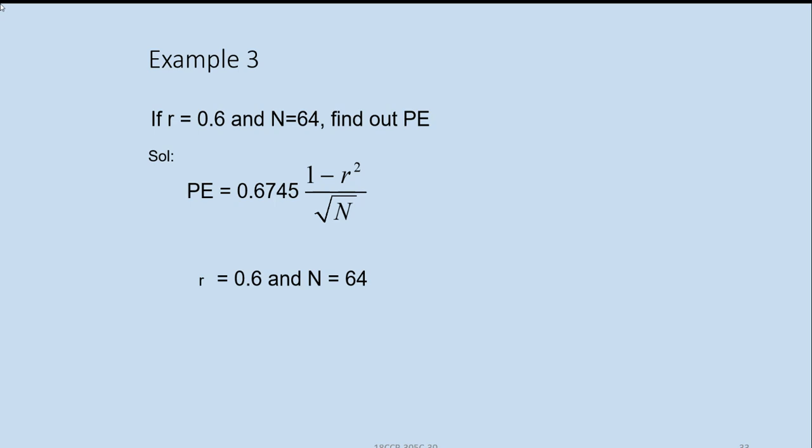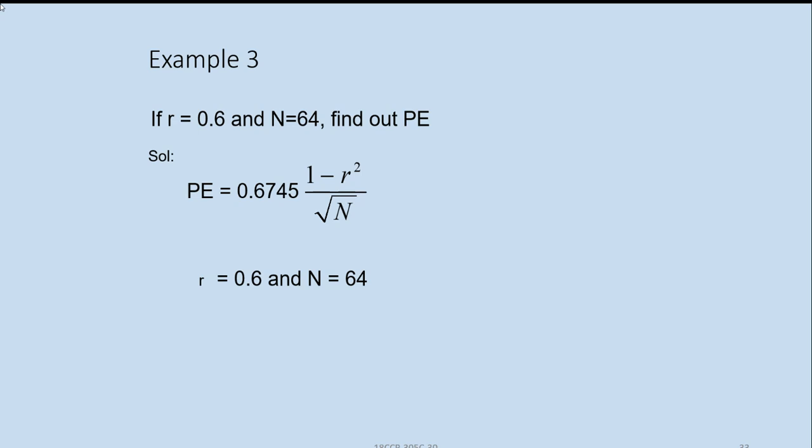Example: suppose after calculation r is 0.6 and n is equal to 64. 64 items are there for which correlation is calculated. We got correlation, small r, as 0.6.